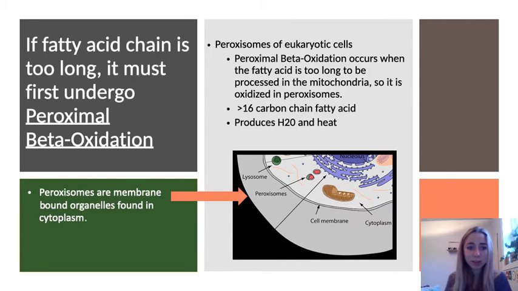So the peroxisomes are just membrane-bound organelles found in the cytoplasm of eukaryotic cells. As you can see there, they're just sitting in the cytoplasm, and that's what oxidizes the really long fatty acid chains. Through this process, it produces lots of water and heat, but then it is totally good to go into the carnitine shuttle to then enter the mitochondria.